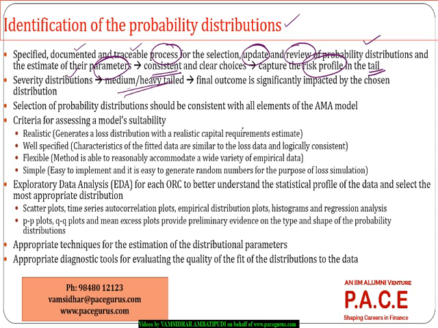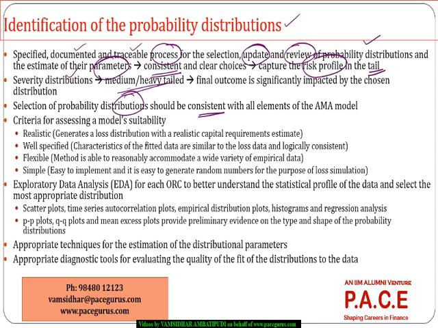Because if I take a very heavy-tailed distribution, the tail outcome could be much higher. If I'm taking a medium-tailed distribution, the tail outcome could be slightly lesser. So whatever probability distribution we choose, it should be more and more consistent with all the elements of the AMA model.